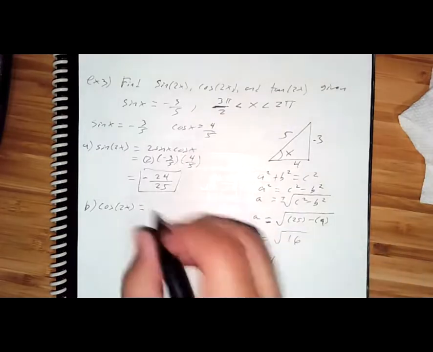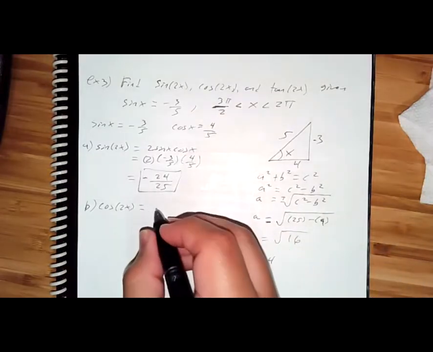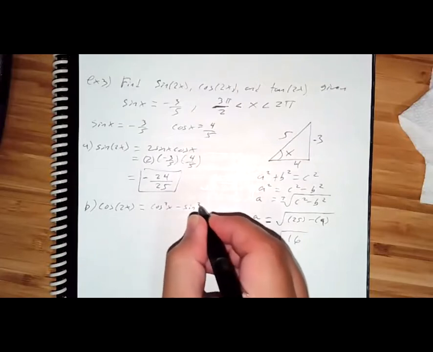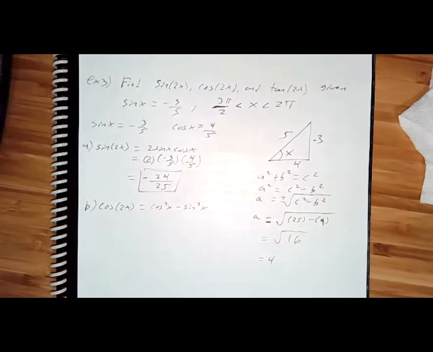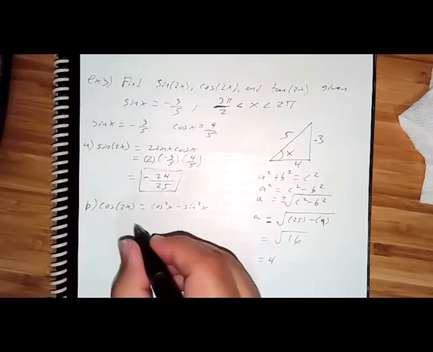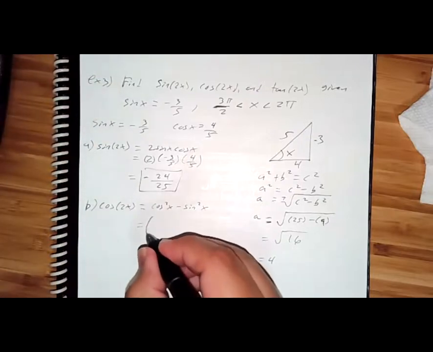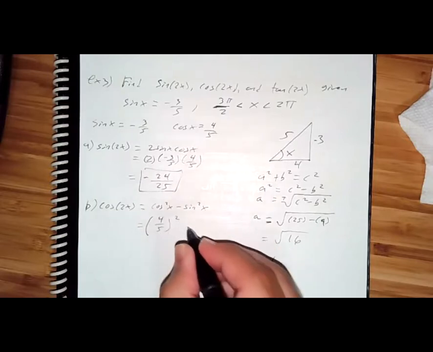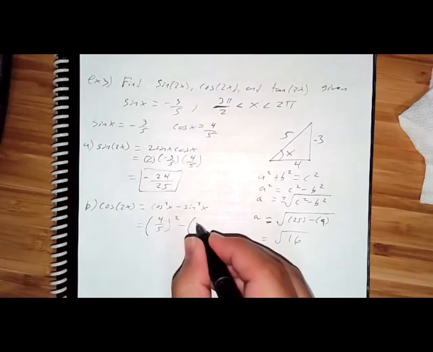What was the first one? Cosine squared theta minus sine squared theta. Yeah, let's use that one. No real reason, they're all fine. If you only had sine, you could use the one that had sine in it, but who cares? We found both now. So plug in cosine. Plug in sine.